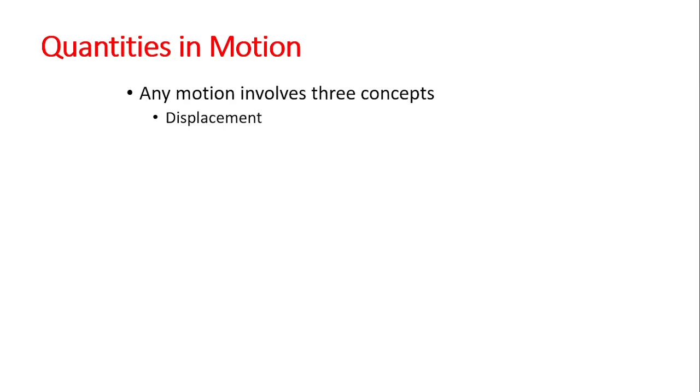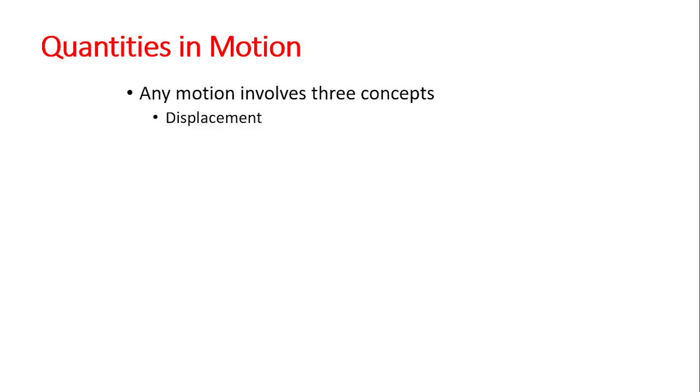I'm pretty sure when we were doing vectors, I touched a bit on what displacement is. When you talk of displacement, it is simply a what? A vector quantity. And it being a vector quantity simply means that it has direction and magnitude.